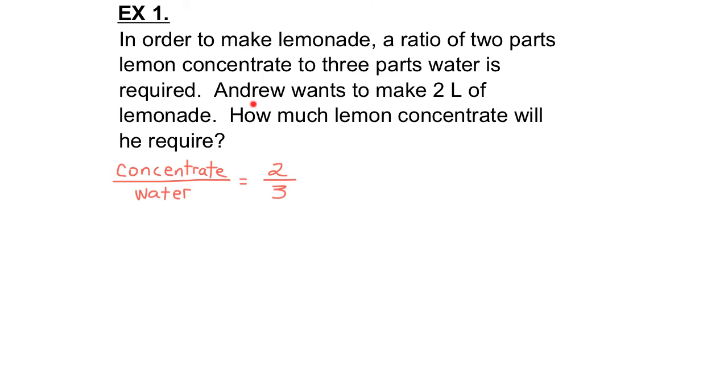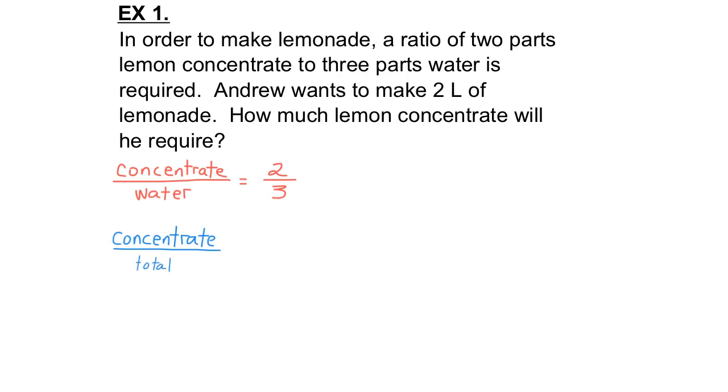But it says he wants to make 2 liters of lemonade. That is not the amount of water. That's the amount of the total, the concentrate plus the water. So I need to have a ratio that includes the total. So I'm going to make a new ratio comparing the amount of concentrate to the total.